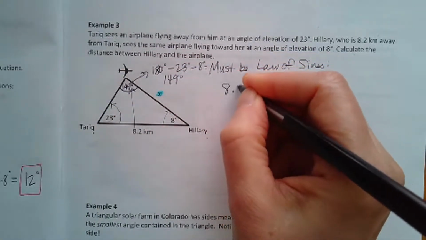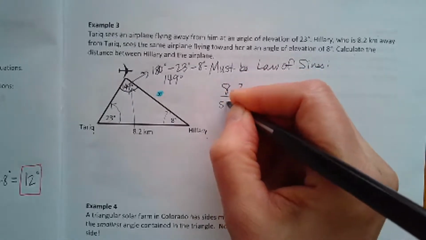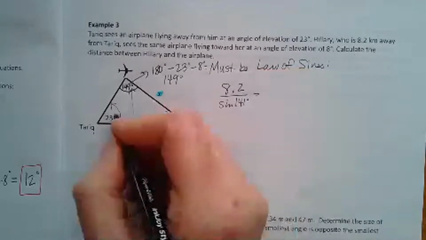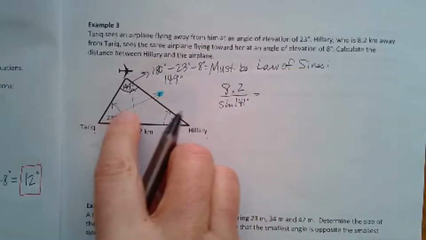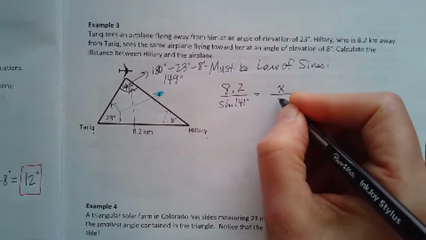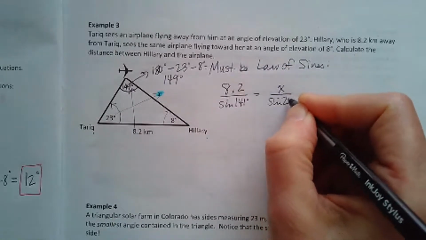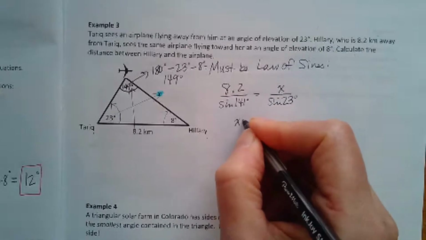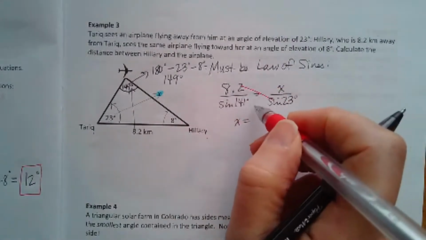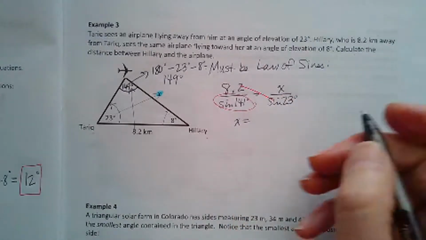That means that 8.2 partners with sine of 141. And then these guys would be partners. They're not complete though, because I don't know what x is. So x partners with sine of 23. So once again, I'm going to use my cross multiply technique that I learned with law of sines. I multiply and I divide.